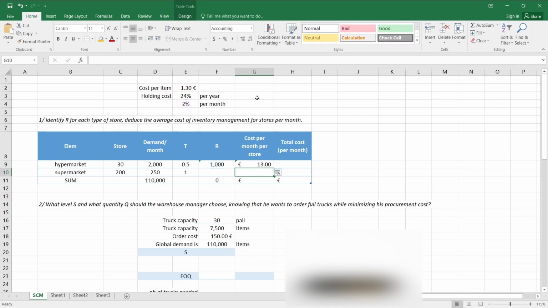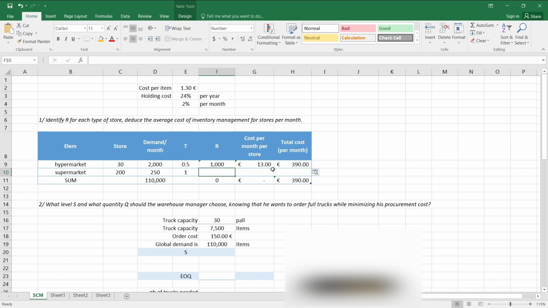And that will give us 13 euros. And finally, for the total cost, it is going to be simply the cost per month per store times the number of hypermarkets, which is 30, and that will give us 390 euro per month. Okay, so the same applies for the supermarket.